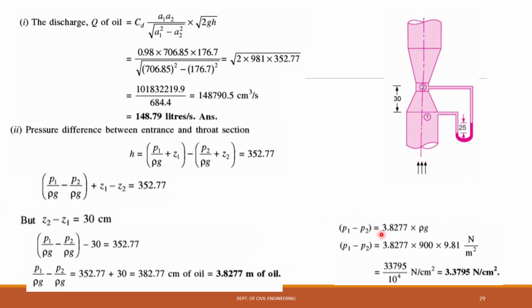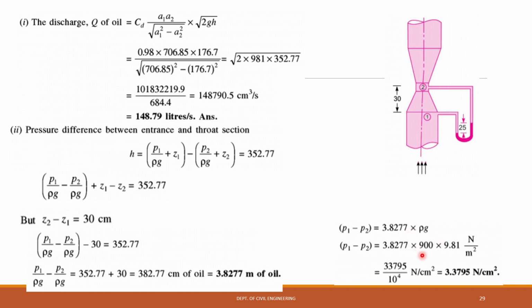Now in order to get the pressure difference, take rho g to the other side. So P1 minus P2 is equal to this value into rho g. Substitute the value of rho g. What is rho? Rho is the density of the fluid inside the pipe. We know that the specific gravity of the fluid inside the pipe is 0.9, so 0.9 into 1000 will give you the density.